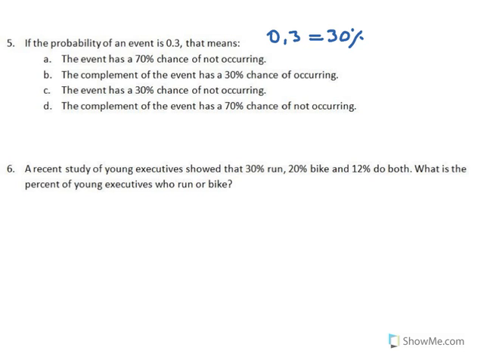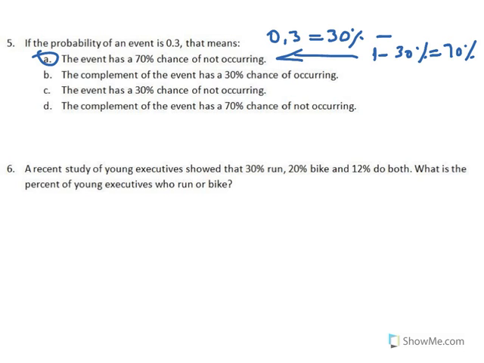Alright, so if the probability of an event is 0.3, that means that the event has a 70% chance of not occurring. If 30% occurred, then what is the probability of the event not occurring? It is 1 minus 30%. So that would be 70%, which is actually answer A, and that is the correct one.